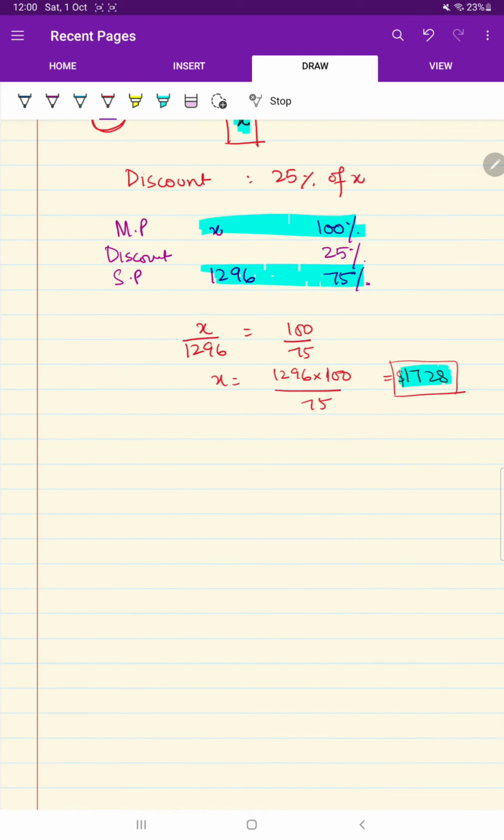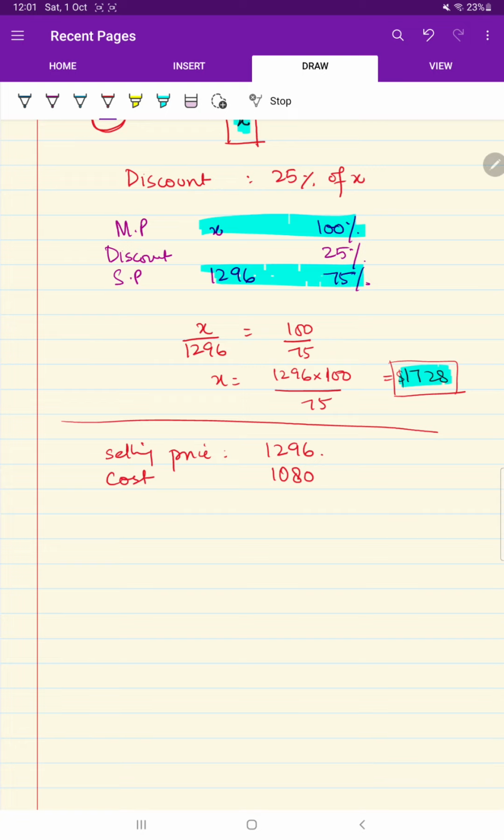So now let's consider this. Selling price 1296, cost 1080. Now profit is calculated for the shopkeeper, discount is calculated for the customer, right? So whoever is buying will calculate the discount, whoever is selling will actually gain profit on it.